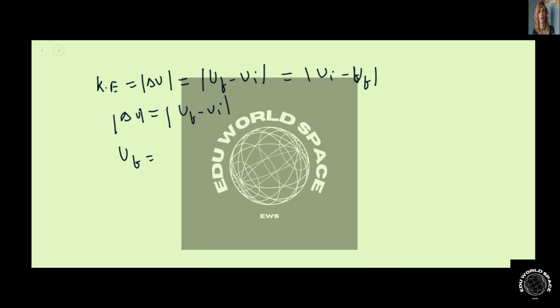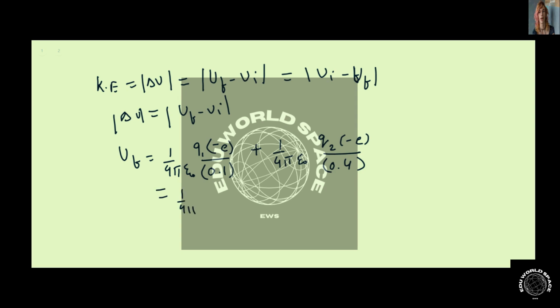So this becomes 1 by 4 pi epsilon naught, Q1 times minus E over 0.1 meter, plus 1 by 4 pi epsilon naught, Q2 times minus E over 0.4 meter.